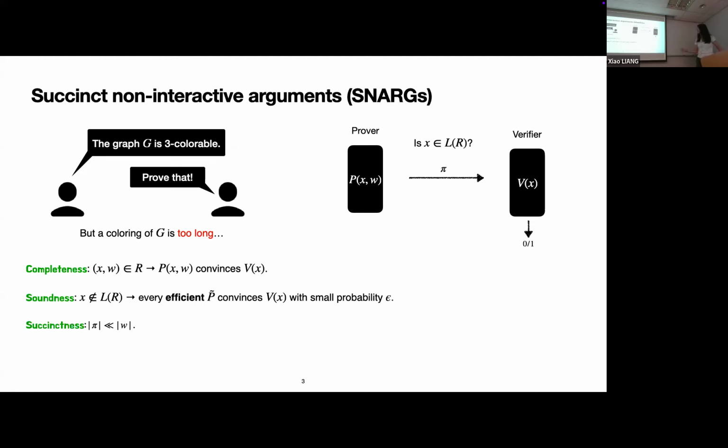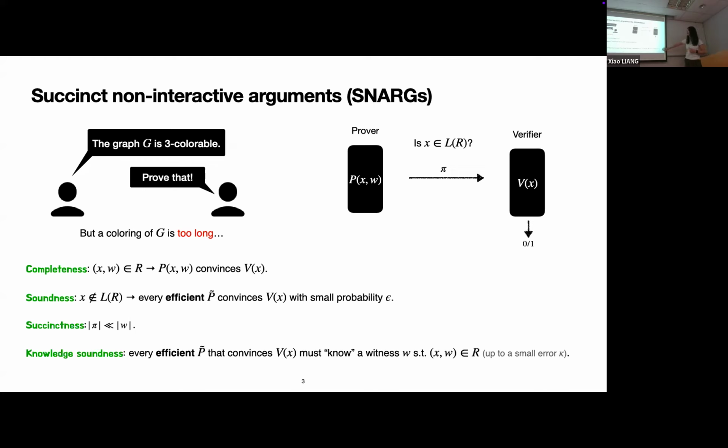And succinctness says that this proof pi should be much shorter than the witness. And finally, we would also want, ideally, a stronger notion, a strengthening of soundness, which is called knowledge soundness. And it says that every efficient prover that convinces the verifier should know a witness for the instance X, maybe only up to a small error kappa.